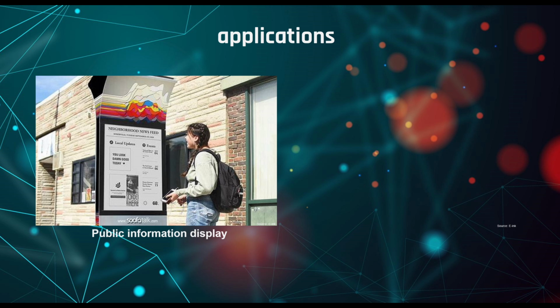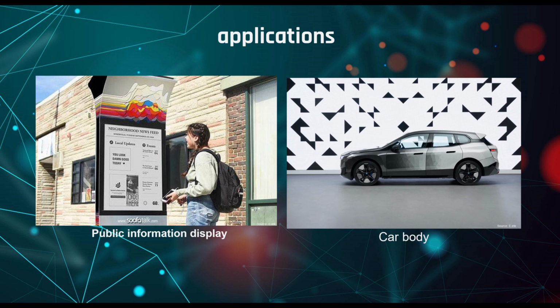Next one is the car body. BMW cooperated with E Ink to adopt new e-paper display technology in its new concept vehicle. The car enables the exteriors to change from black to white in a dynamic flow, and it only uses power to change color.